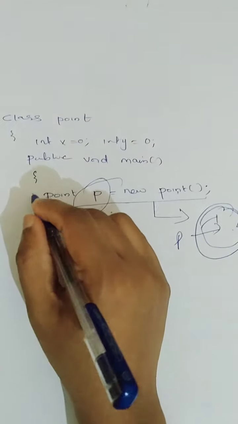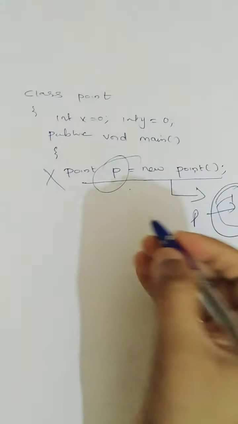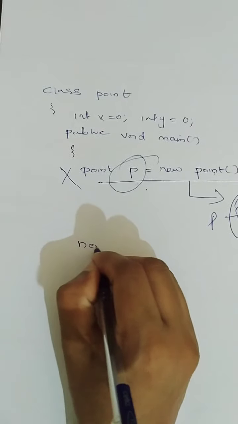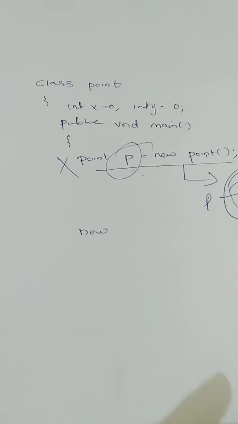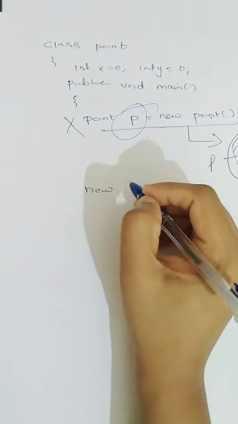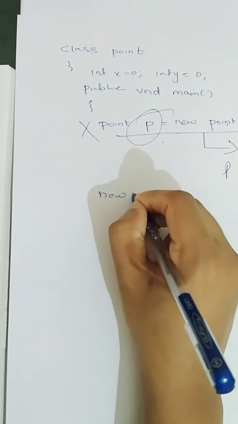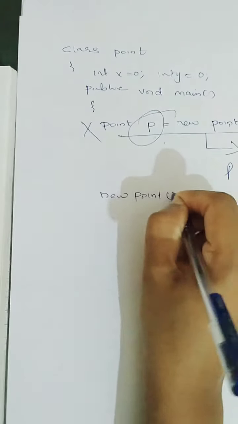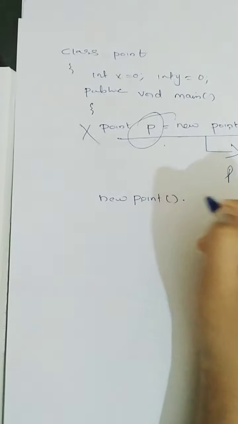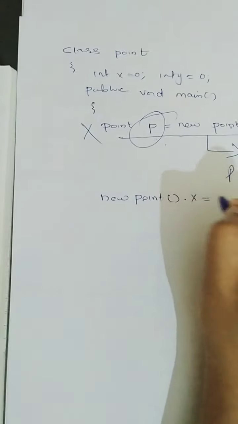Suppose you have not created an object, but without creating an object, you can create a temporary instance. Temporary instance means temporary object. new Point().x is equal to 25.